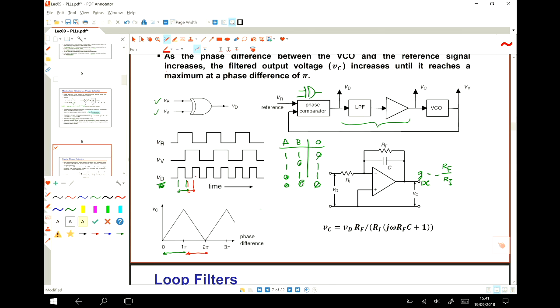I mean, by applying this pulse-shaped signal to a low-pass filter and then to our VCO, we can change the voltage of the VCO. And by changing the voltage of the VCO, the phase of the VCO is changing. This is how it works.